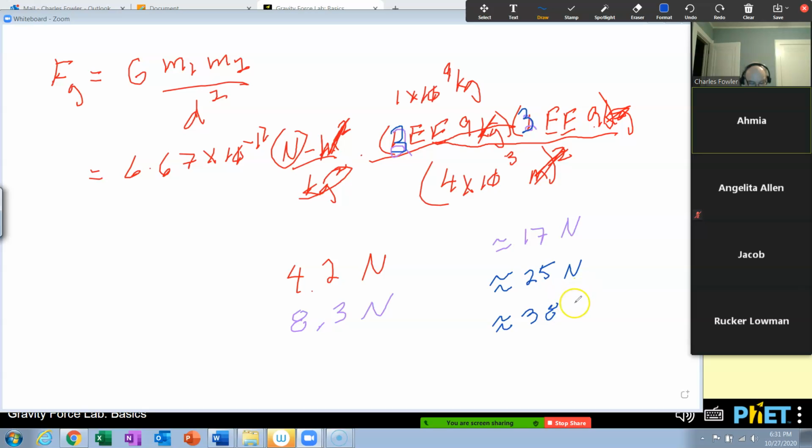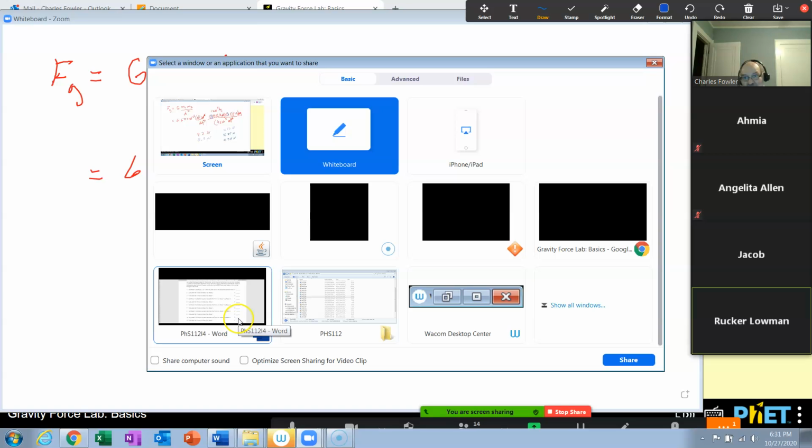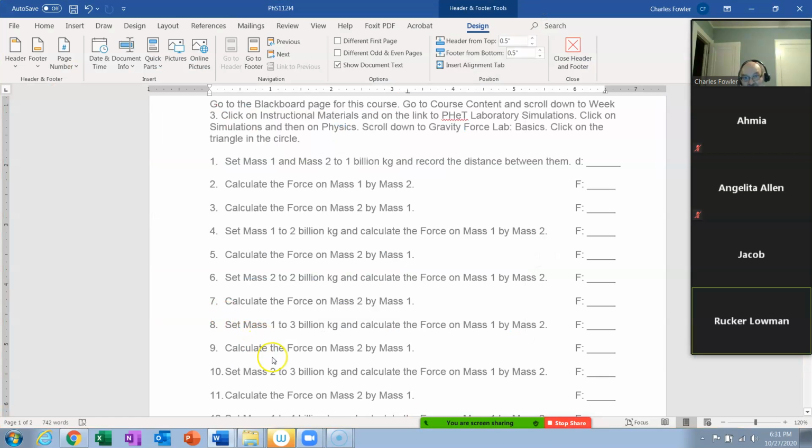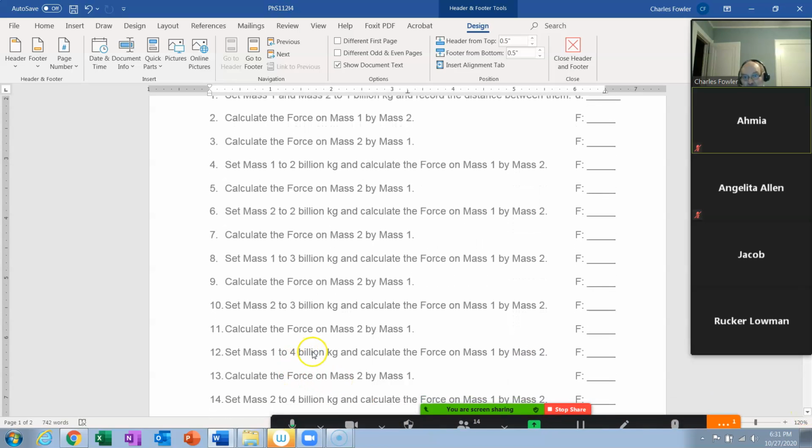But 37.5 is about what I got, Newtons. Okay, that's with 3 and 3. So that goes here. When you get 3 and 3, that was number 10, right? And guess what the force on mass 2 by mass 1 is? Yep, same thing, 38.